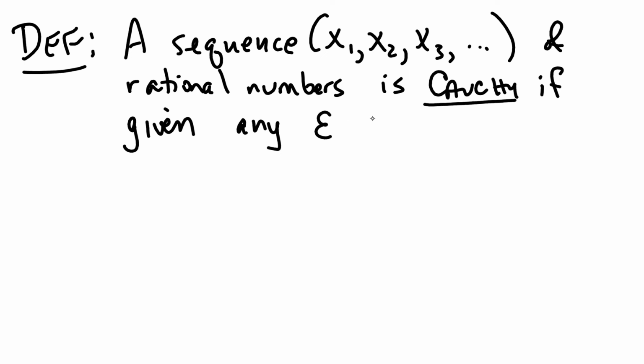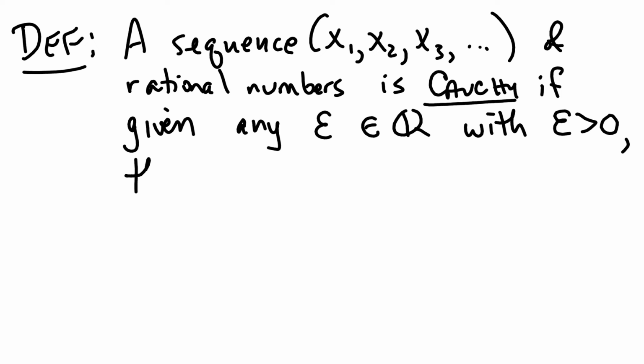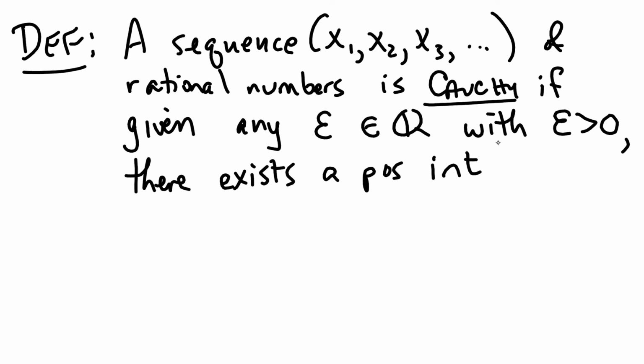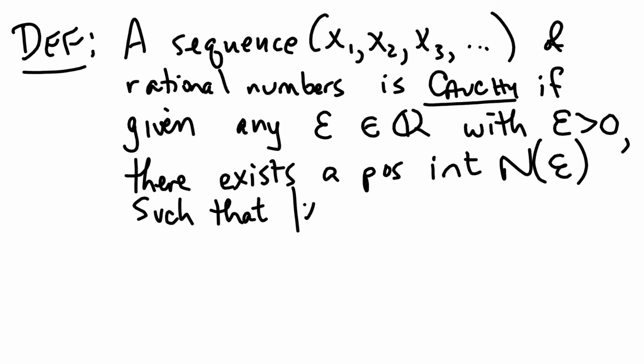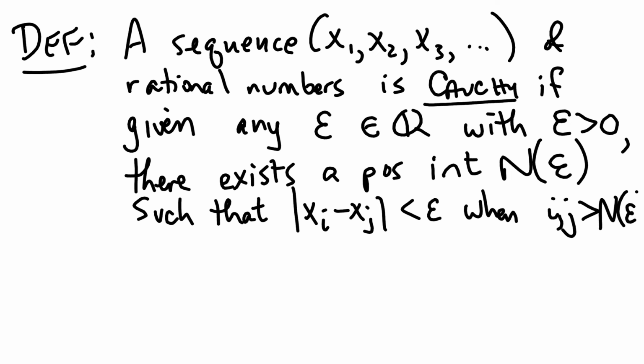Given any epsilon in the rational numbers with epsilon greater than 0, there exists a positive integer n of epsilon such that the absolute value of x sub i minus x sub j is less than epsilon when i and j are greater than n of epsilon. The heck does this say?